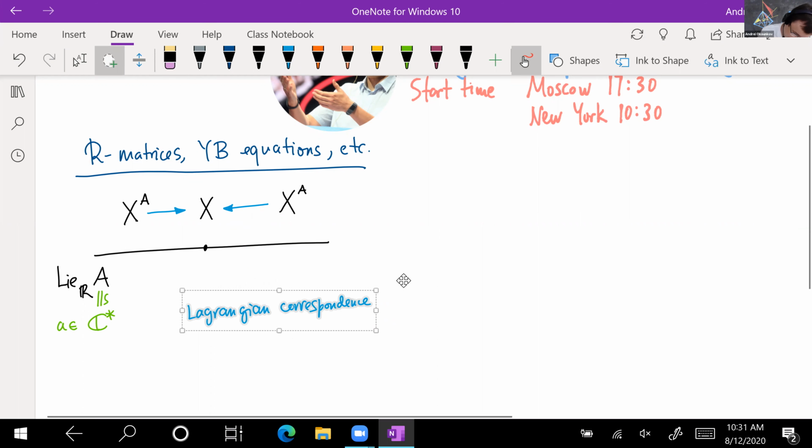And so, in particular, in the examples we had early in the course, this fixed locus could be, for example, a product of two other manifolds.